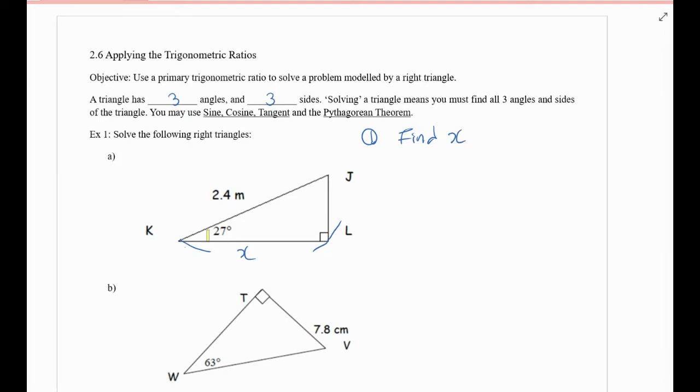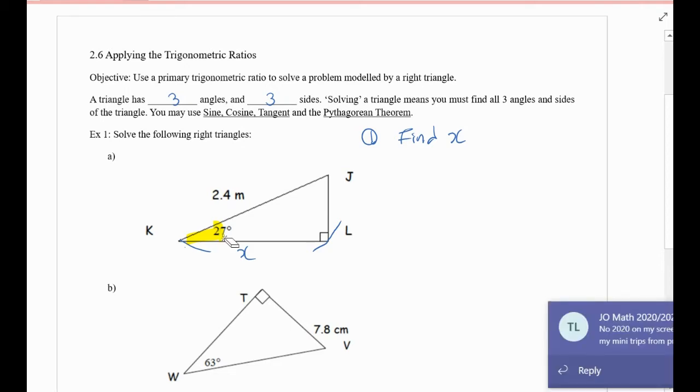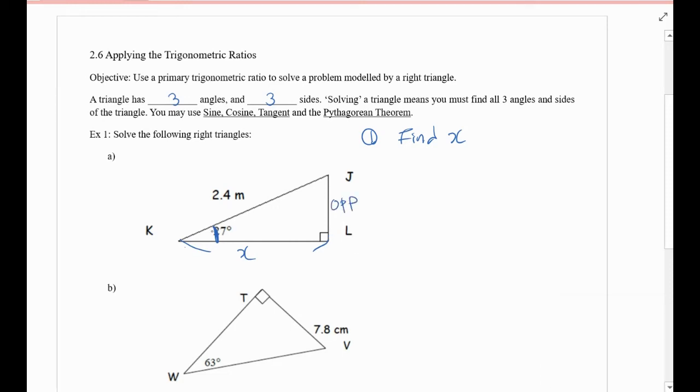All right, to find x, look at the angle, and we always need to name each side. We're going to think relative to this angle, 27. JL is opposite to 27, so this is the opposite side, and this is the hypotenuse, and x is adjacent.